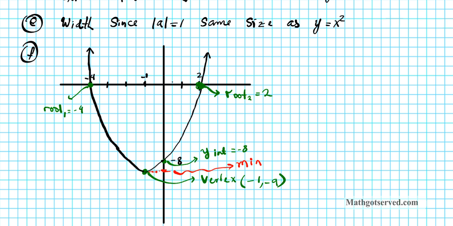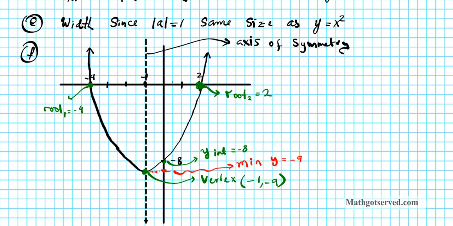Okay, so it's your minimum, and it has a value of y equals -9. And don't forget your axis of symmetry right down through the center. This right here is your axis of symmetry. Let's label that axis of symmetry. And the equation of the axis of symmetry is x equals the x-coordinate of your vertex, which is -1. Alright, so there you have it.